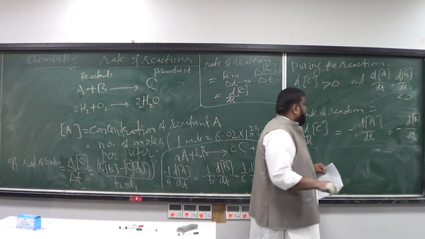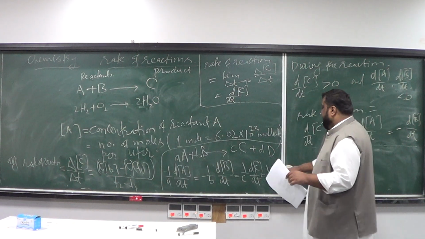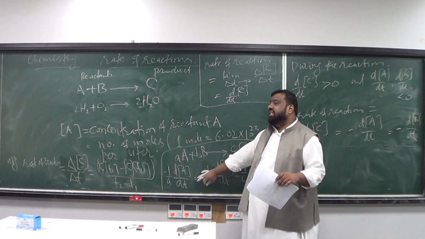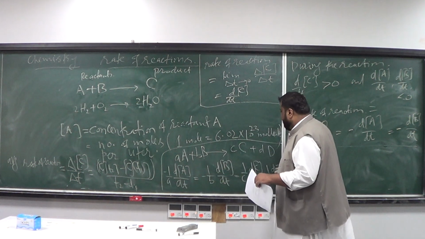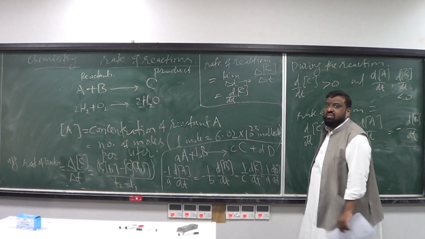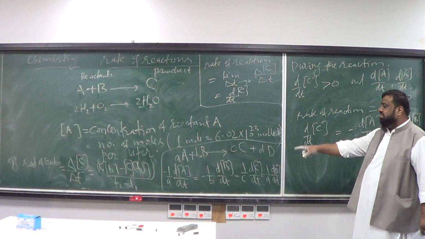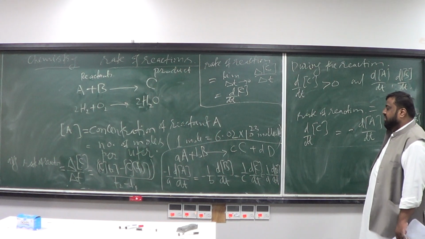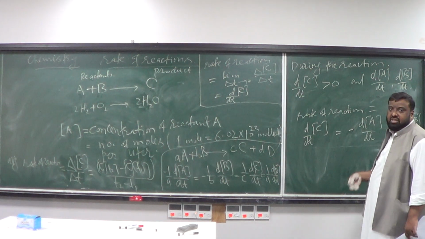So in other words, if you know at least one of the rates, then you can determine the entire rate of the reaction. You can determine the rates at which the other reactants and products are decreasing or increasing.